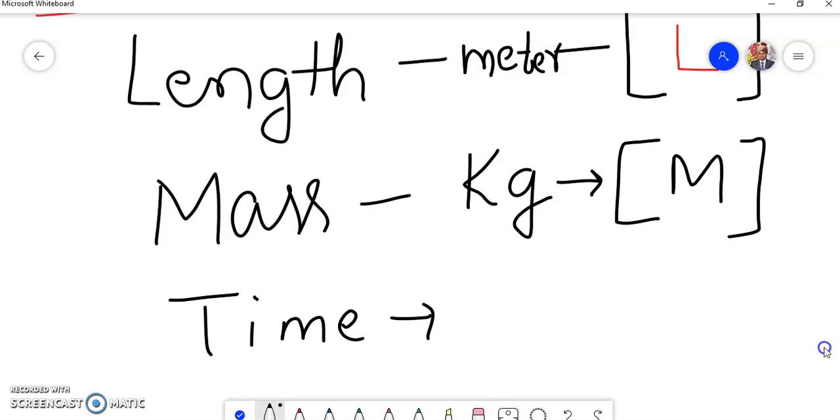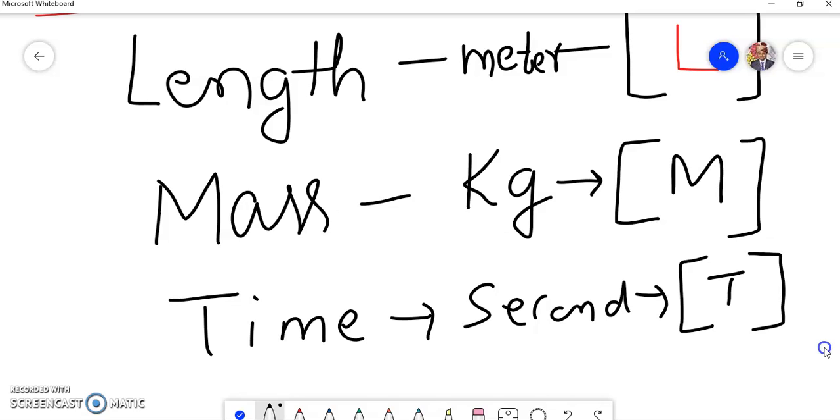Its unit is second, and it is expressed as capital T. Length, mass, time. Dear students, we will first see these, and then we will move forward to see the other physical quantities.